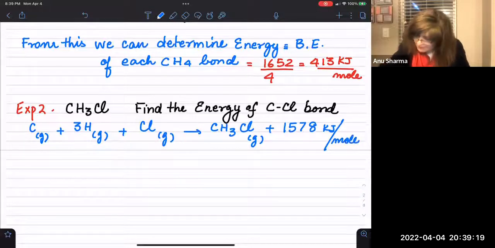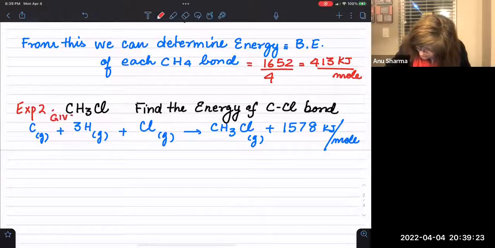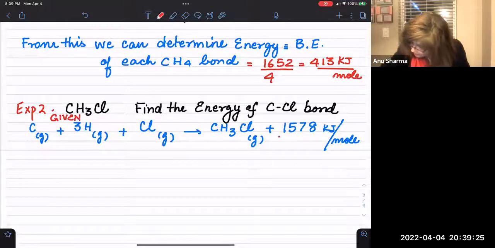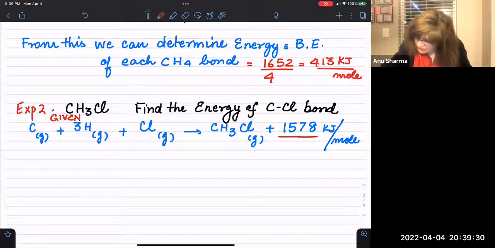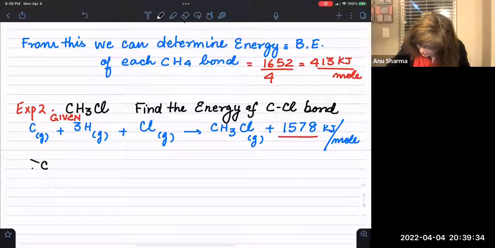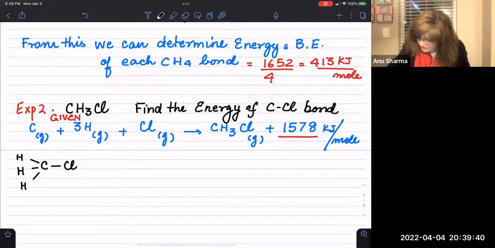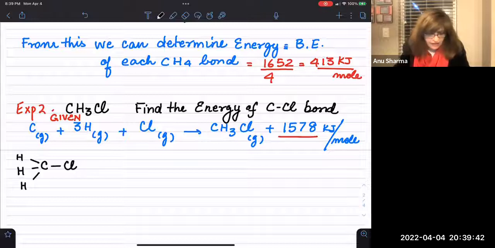Okay, so this is given: the reaction along with the amount of energy that is released. So let's now do this. In CH3Cl there are 3 CH bonds and 1 CCl bond, and that totals 1578.